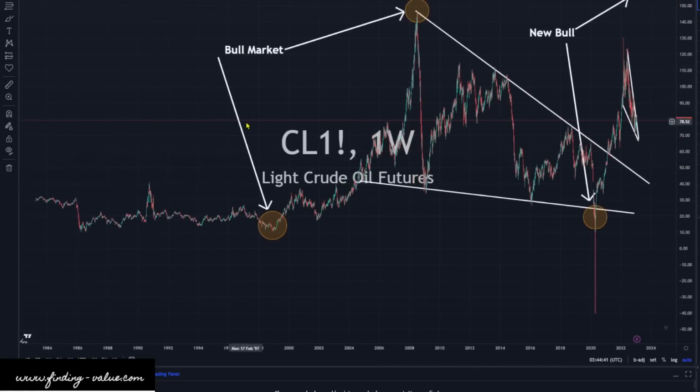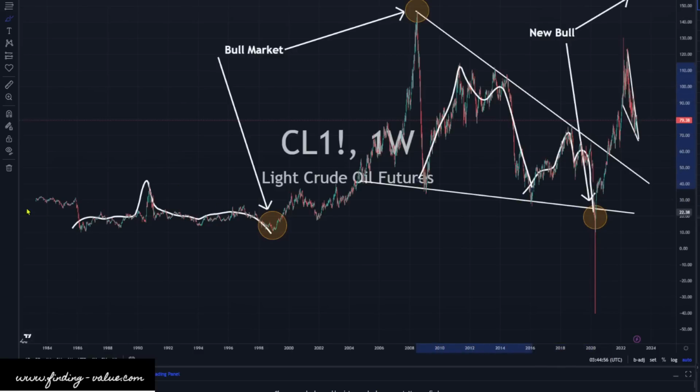Let me see here. But we did have this lead-in pattern. Looks like that, and that kind of looks like this guy here. That pattern and that pattern are roughly the same. I'm sure this guy is probably somewhere like that, and there was a pattern that looked like that even before that, which is one big consolidation pattern.